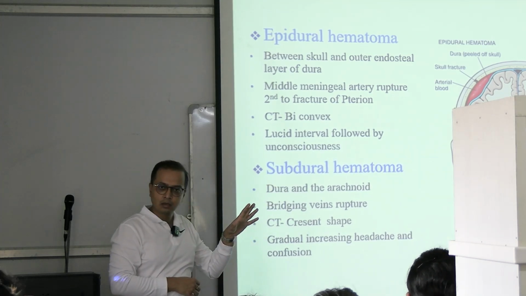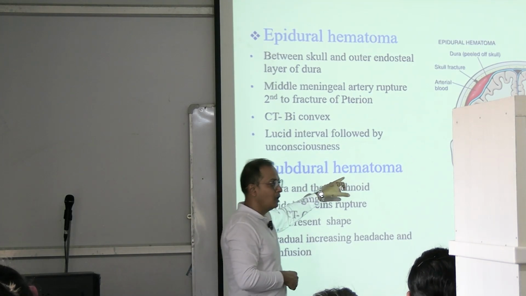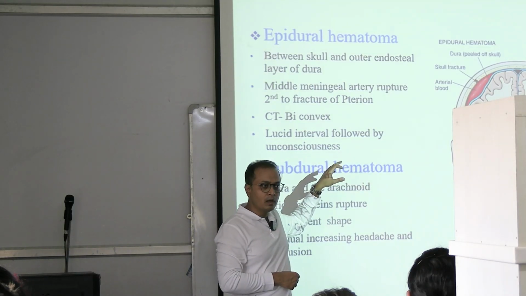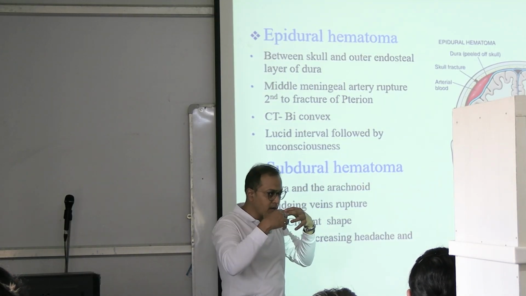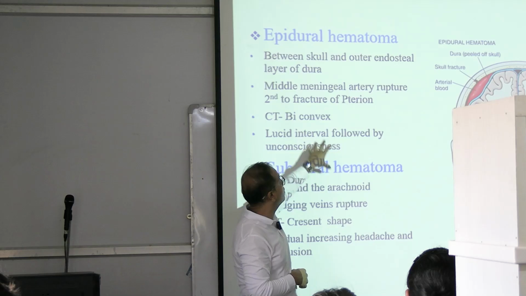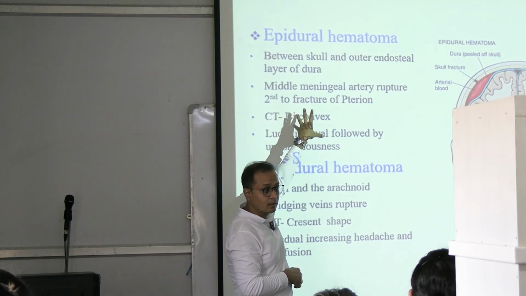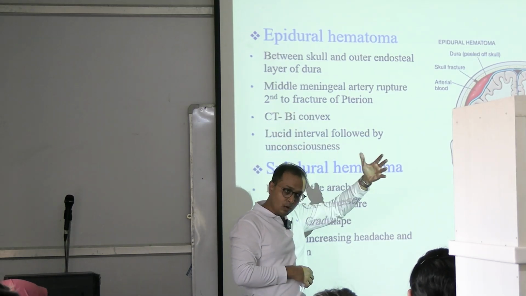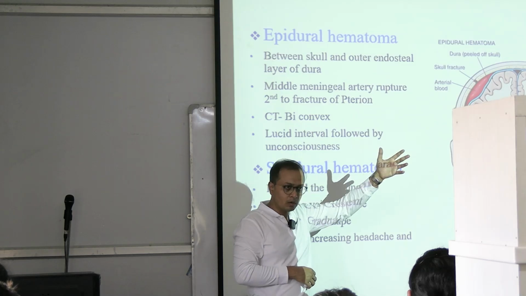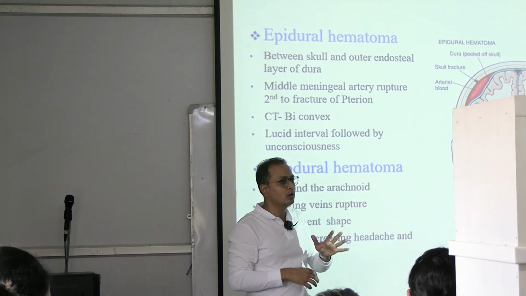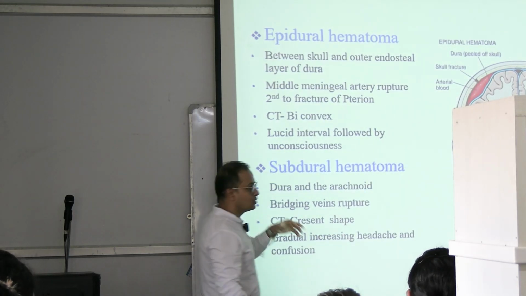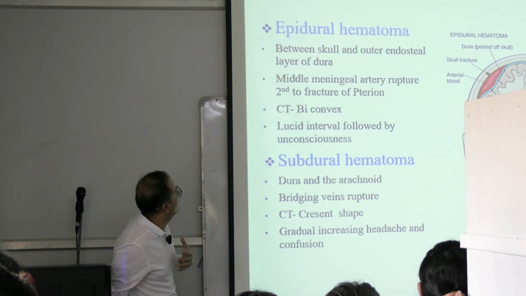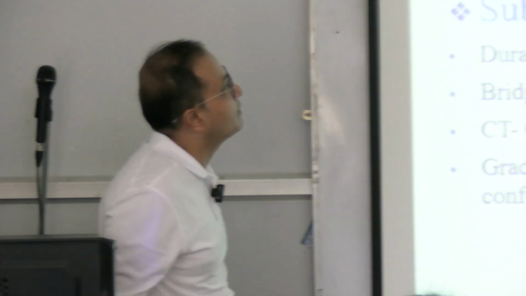You get the logic? What kind of hematoma? Intracranial hematoma, inside the cranium, right? These intracranial hematomas are of two types: outside the dura, epidural; inside the dura, subdural. Clear or not? Depending on which blood vessel is ripped, we get this particular hematoma.